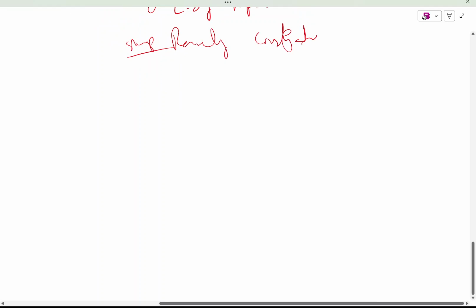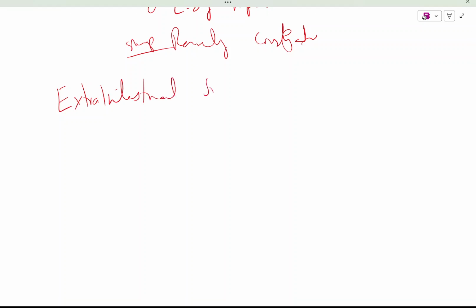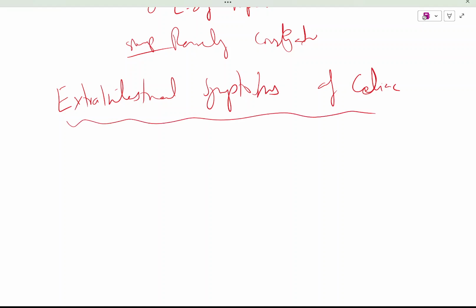So what extra intestinal symptoms develop in a patient of celiac disease? Why extra intestinal? As you already know, in a patient having malabsorption syndrome, deficiency of different compounds leads to other systems being affected. Malabsorption symptoms include fatigue.